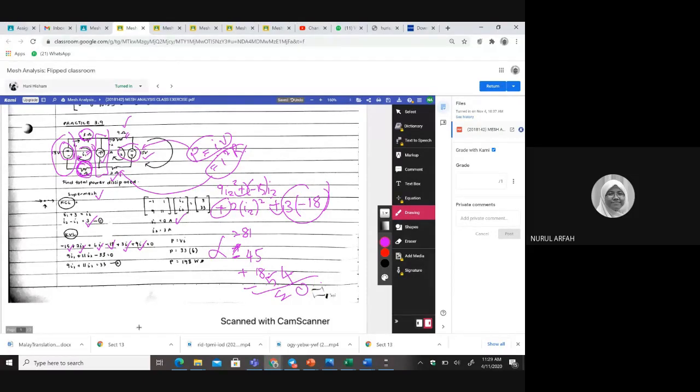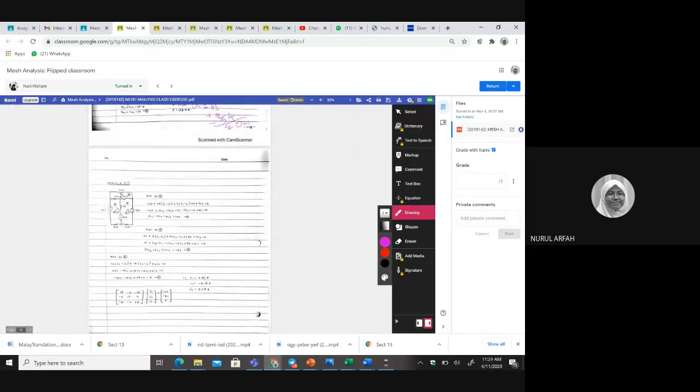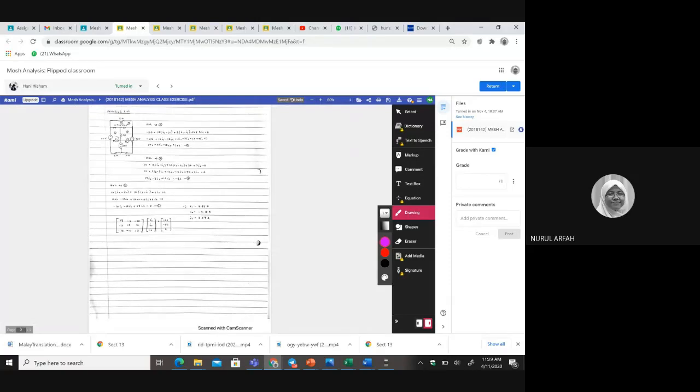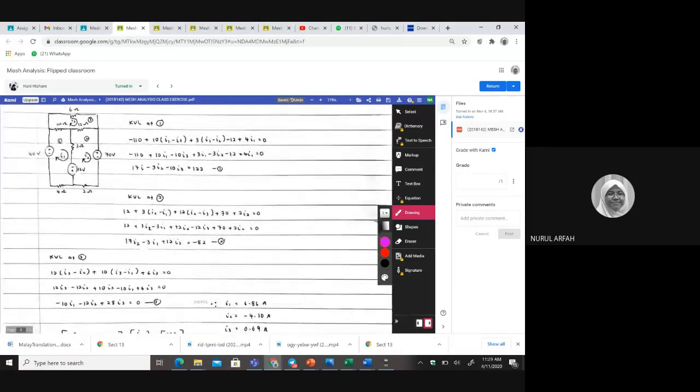And the summation of all should be the same. Okay, I will check back on this part, and then this one, oh, it's already 11:30.